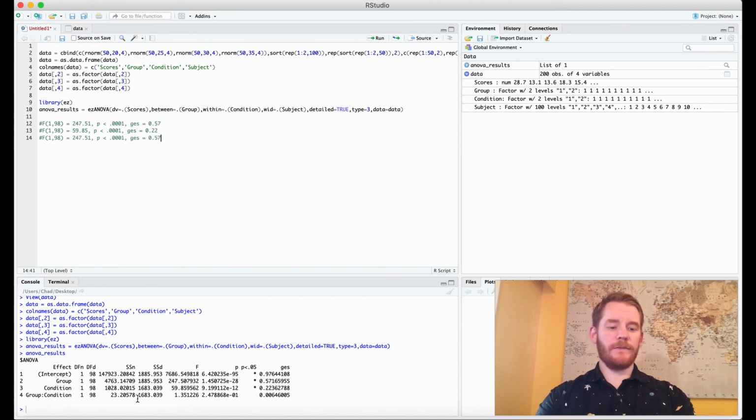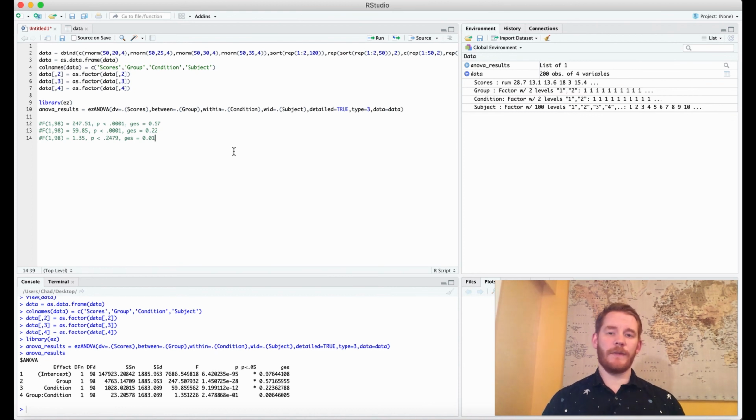And finally, our interaction effect has an F value of 1.35, a p of 0.2479, and a generalized eta squared value of 0.01. And there you have it.